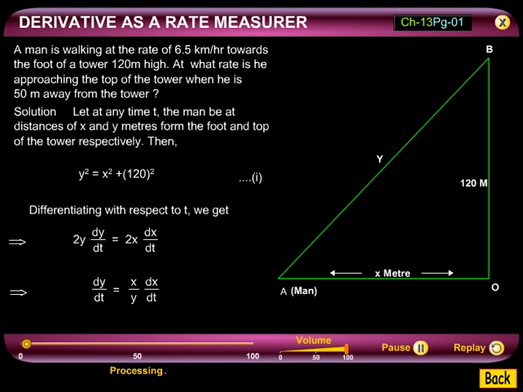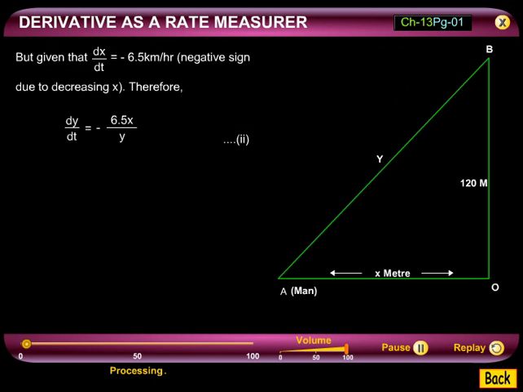Therefore, dy by dt is equal to x by y dx by dt. But given that dx by dt is equal to minus 6.5 kilometers per hour, the negative sign indicating the decreasing of x. Therefore, dy by dt is equal to minus 6.5 x by y, equation 2.